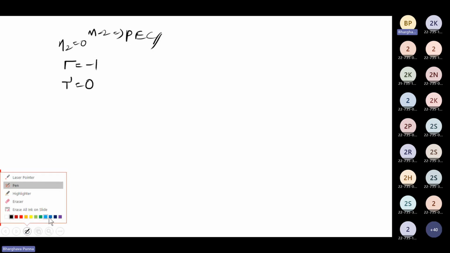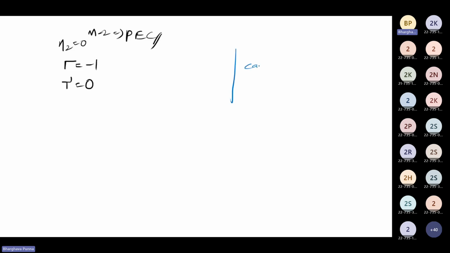So what is the meaning of this one? See, if your second medium is a perfect conductor, you have an incident electromagnetic wave. Then what is happening? You see here eta 2 is equal to 0, and some eta 1 is there.